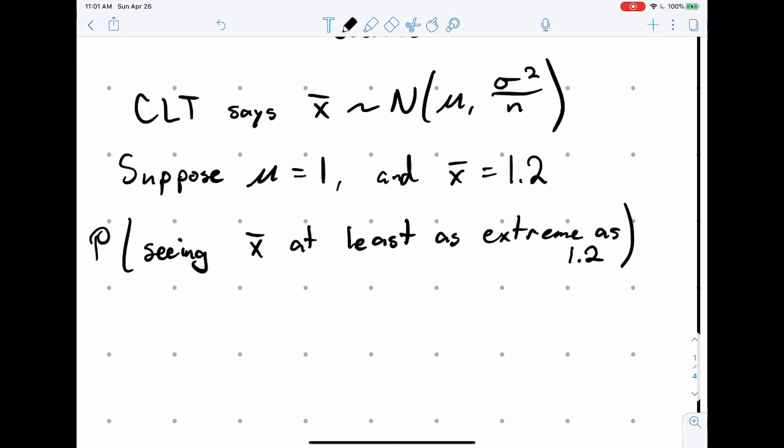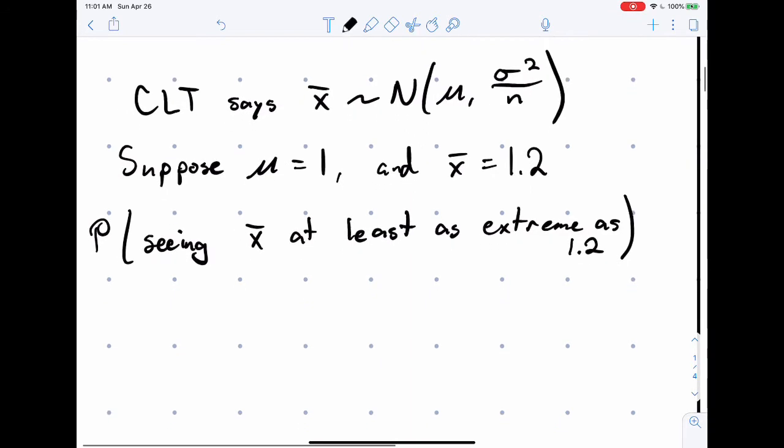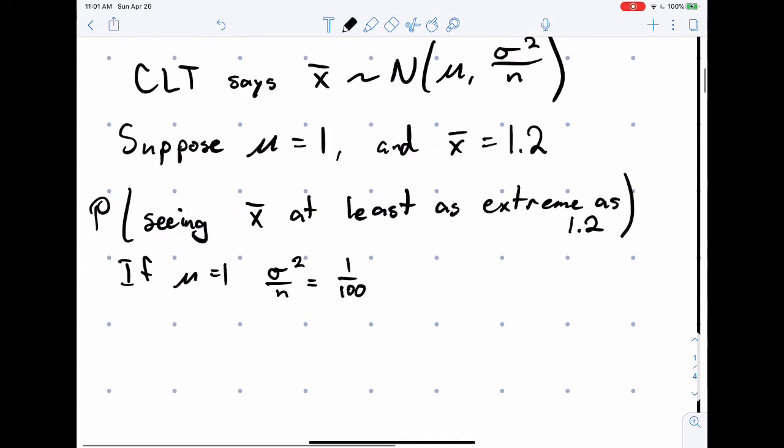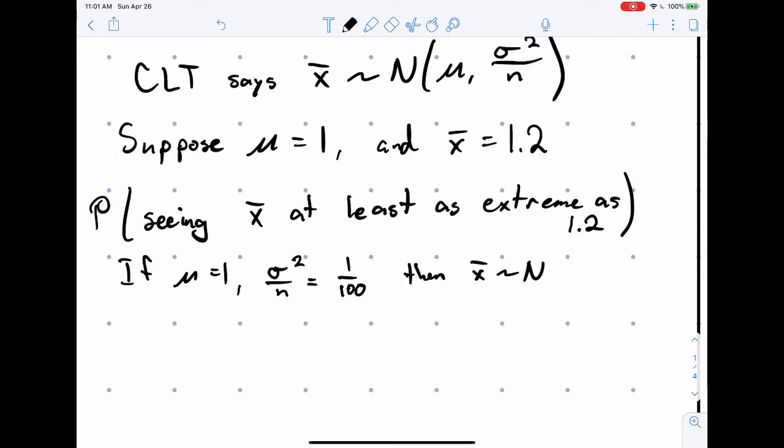Because we know that if mu is equal to 1, and we have sigma squared over n is equal to 1 over 100, then x bar should be distributed as normal with mean 1, variance 1 over 100. So we can calculate this probability.